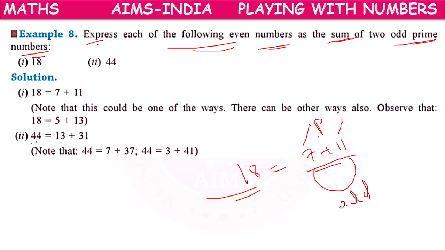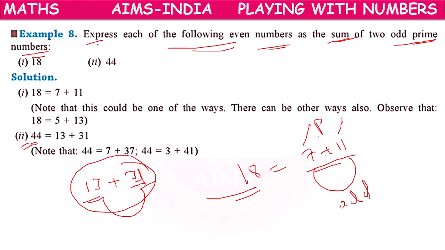Okay, next 44. 13 plus 31. 13 is an odd number, 31 is an odd number. Both are prime numbers. Sum of odd prime numbers equal to 44.